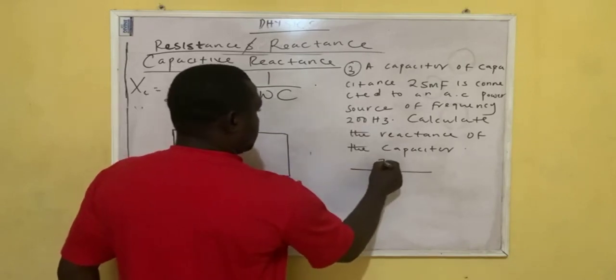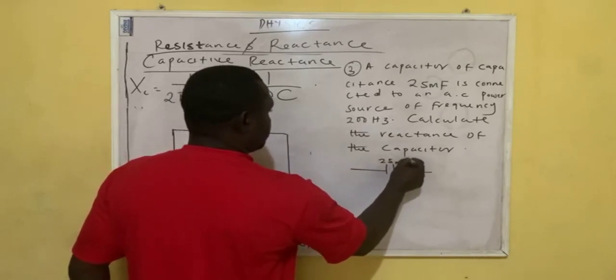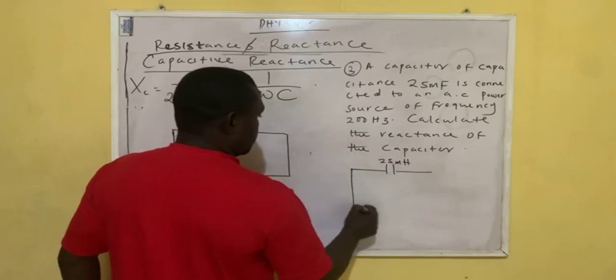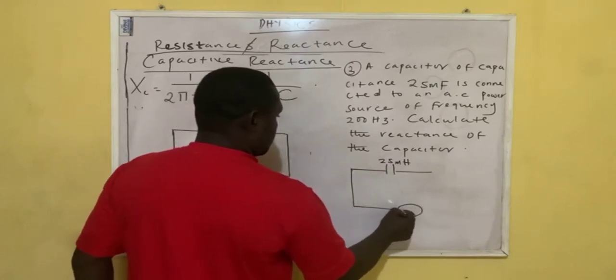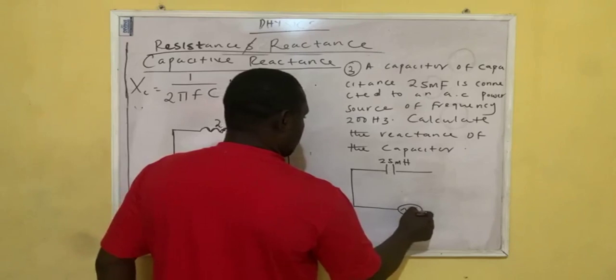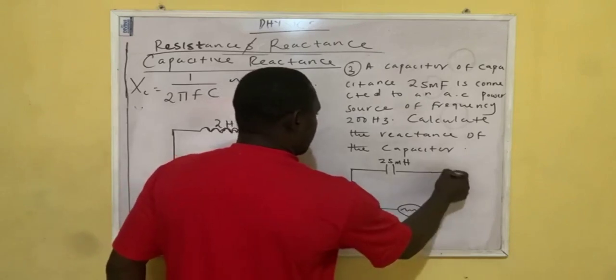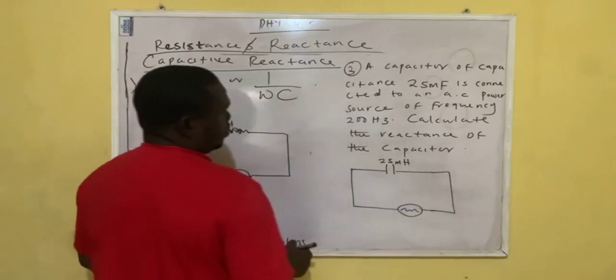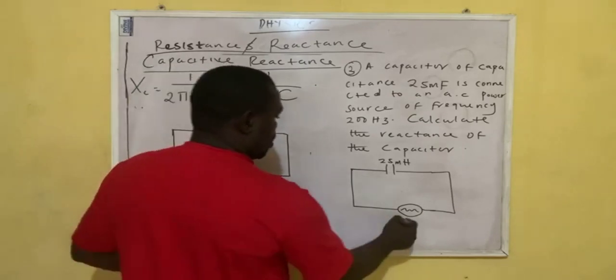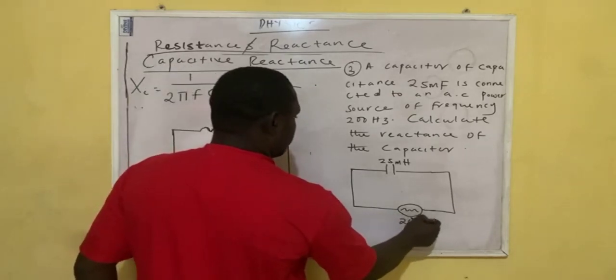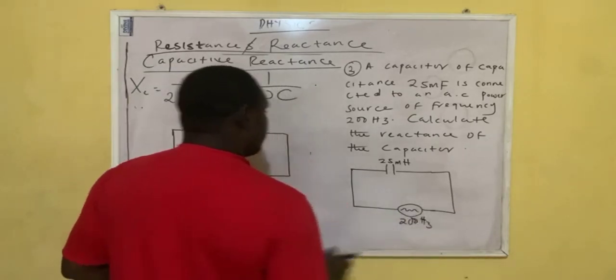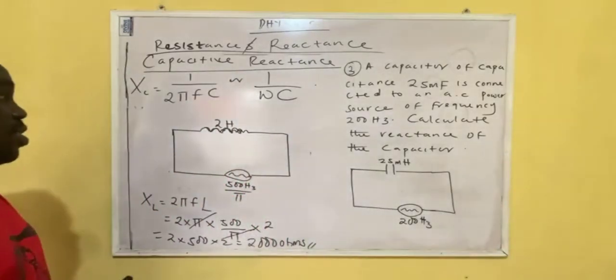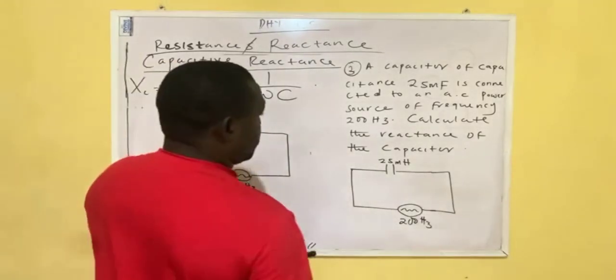Okay, 25 each. So we could just sketch something like this for it.